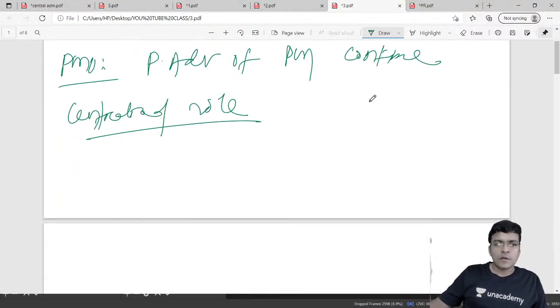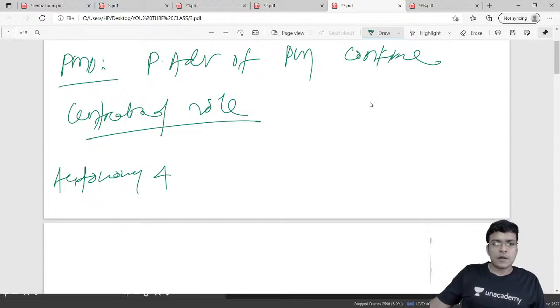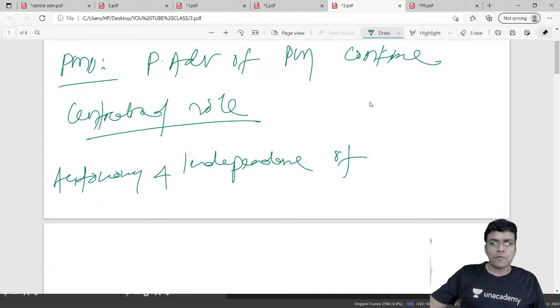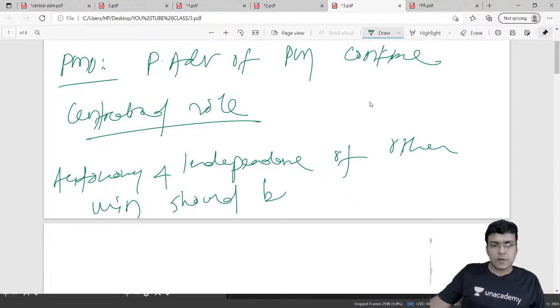That means the autonomy and independence of other ministries should be there.